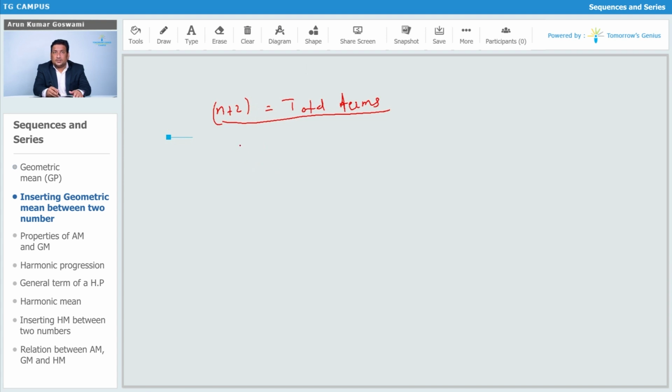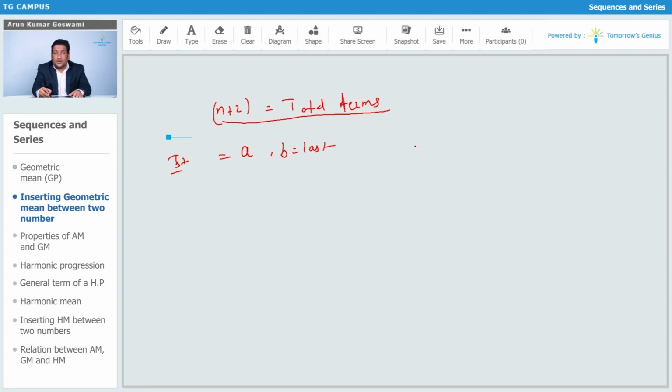We know that a is my first term, b is my last term, and the total number of terms is n plus 2.